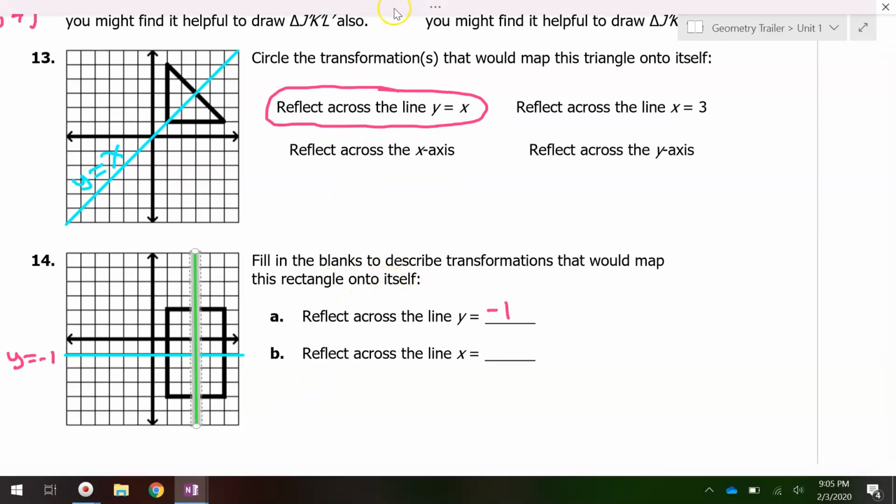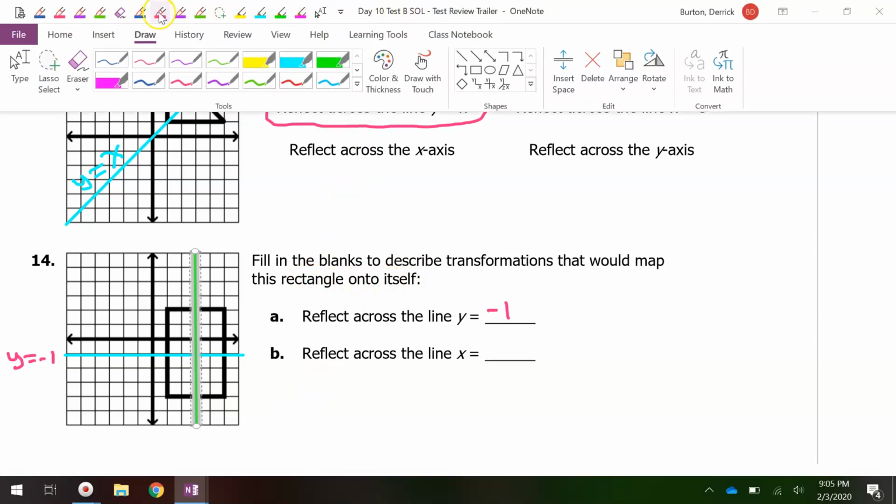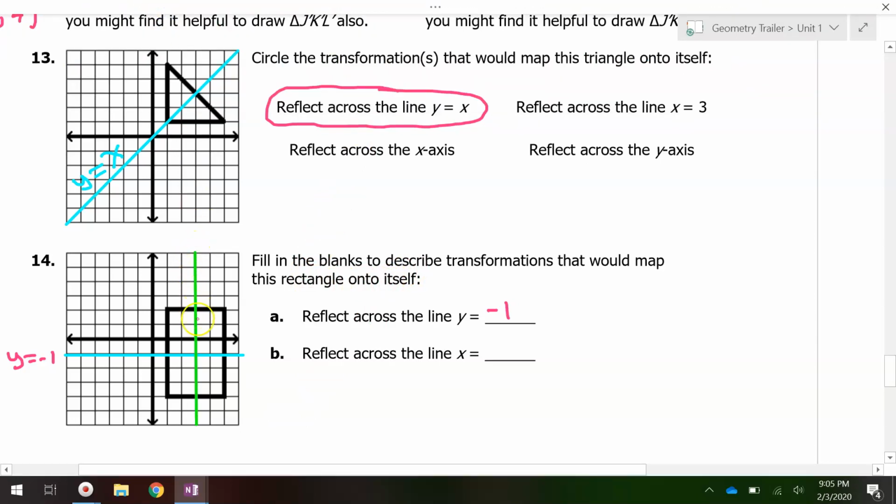Okay, so this would be another line of symmetry. And again, you can see how it splits the rectangle right down the middle. Vertical lines are of the form x equals something. So this vertical line is the line x equals 3. So reflecting over the line x equals 3 will map the rectangle back onto itself.